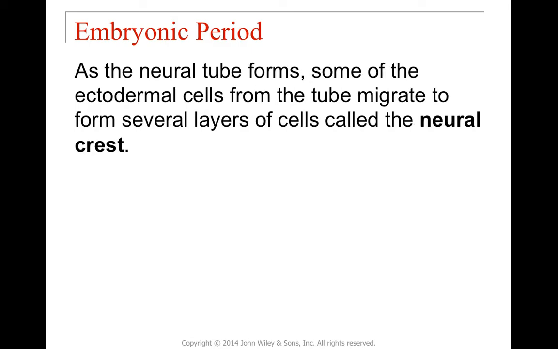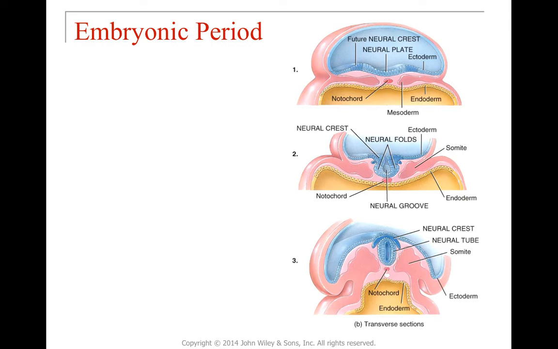So that neural tube is going to invaginate, and then on top of that, what were previously ectodermal cells are going to migrate to form a layer of cells, or a couple layers of cells, called the neural crest. So that looks kind of like this. This region here is the neural plate region, which is eventually going to become the neural tube, right?